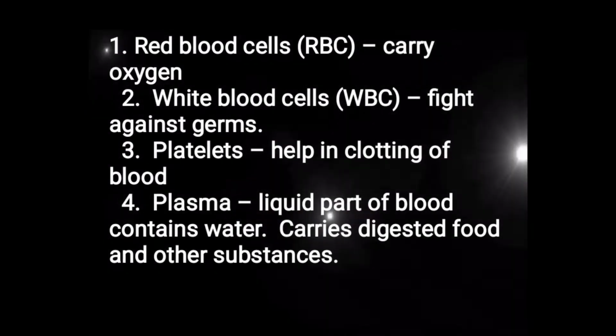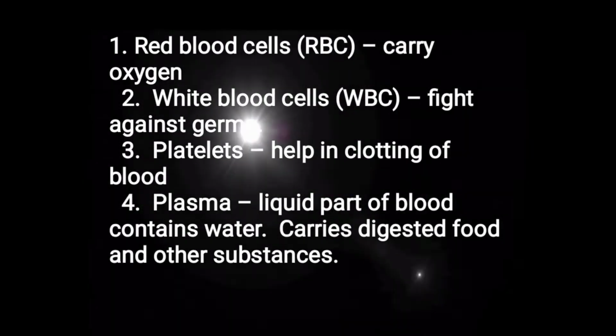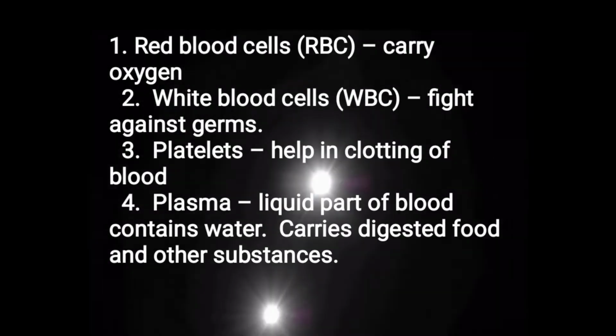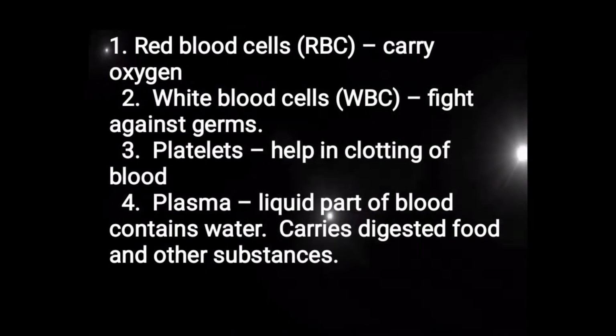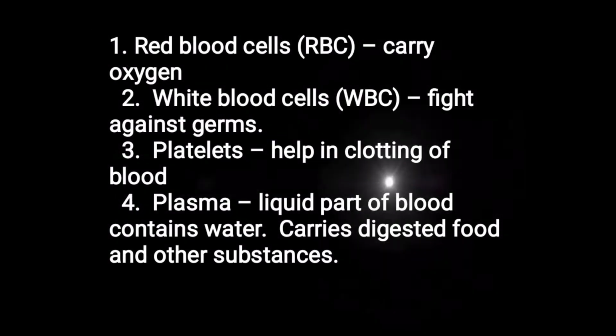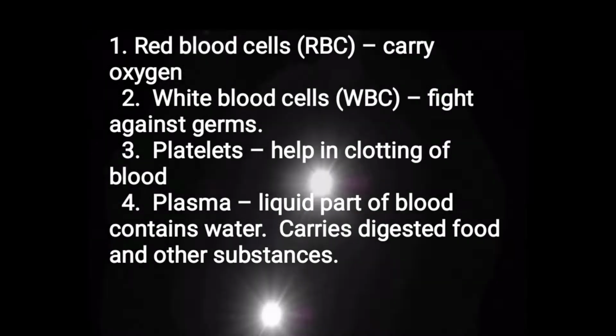Plasma is the liquid part of the blood containing water, and it also carries digested food and other substances. So totally the blood contains 4 components: RBC, WBC, platelets and plasma.